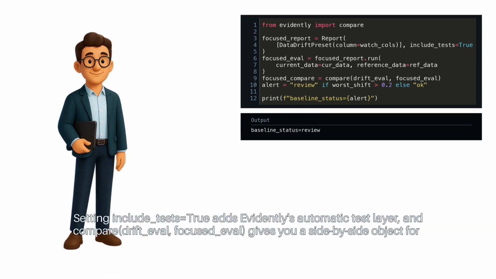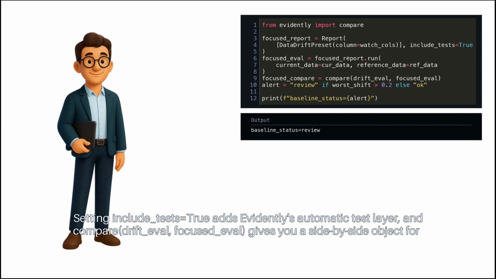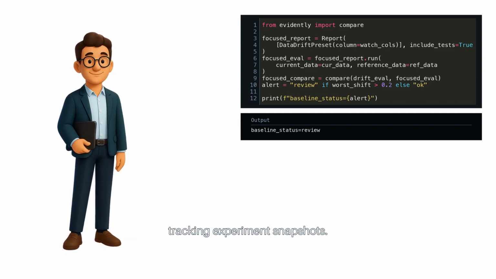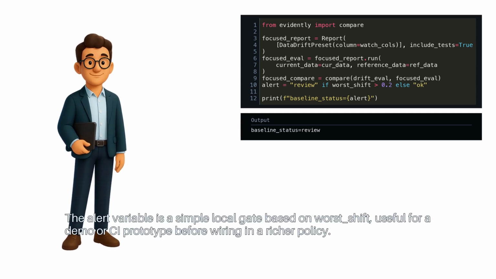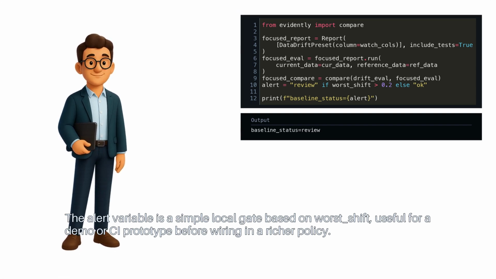Setting include_tests true adds Evidently's automatic test layer, and comparing drift_eval and focused_eval gives you a side-by-side object for tracking experiment snapshots. The alert variable is a simple local gate based on worst shift, useful for a demo or CI prototype before wiring in a richer policy.